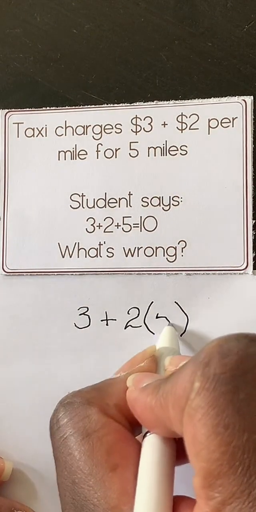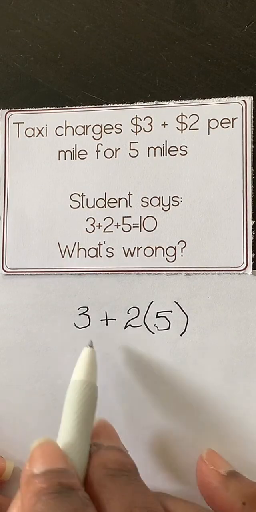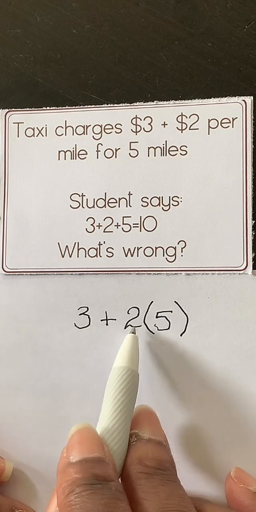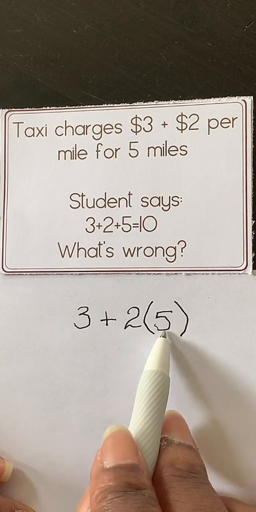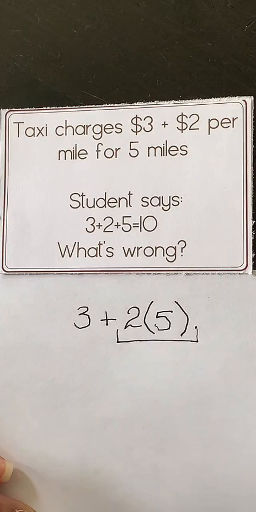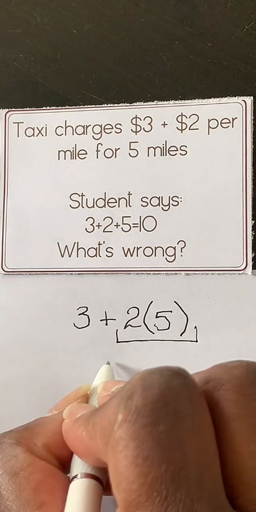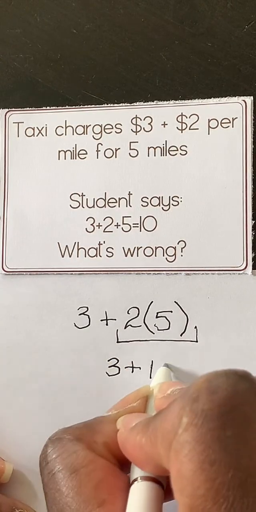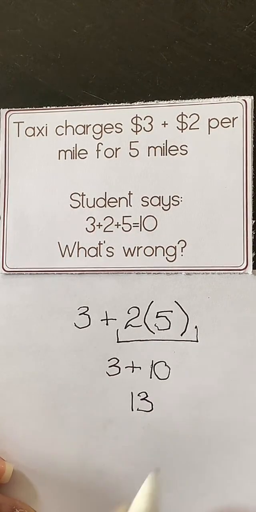So I'm going to insert a 5 right where my unknown mileage would be. Now I multiply. Order of operations, what comes first? Is it 3 plus 2 or is it 2 times 5? You're saying 2 times 5. Okay, multiplication always comes before addition. So good job, guys. Excellent. 2 times 5 gives us our 10. Now 3 plus 10 gives us our 13.